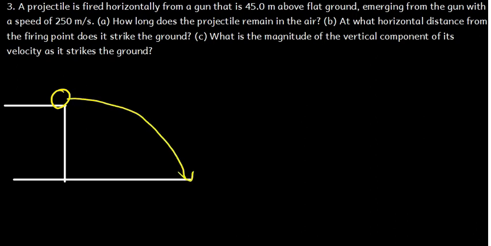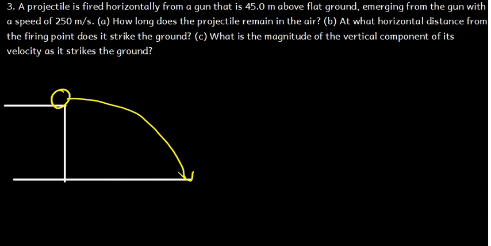Now, what we need to understand here is this. When the gun was being shot here, the velocity which has been given is the velocity in x direction. Whenever an object is coming from the top of the building, its initial velocity is 0. That is very, very important. That 0 is the velocity in y direction.